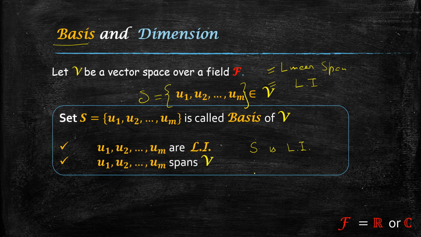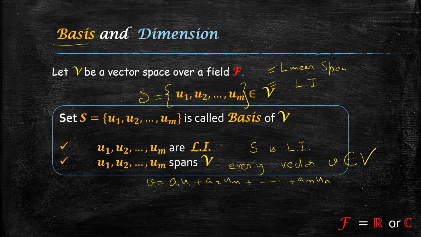Number 2, u1, u2, ..., um span V, that means every vector v belonging to vector space V can be written as a linear combination of u1, u2, ..., um. So this is the definition of linear span.